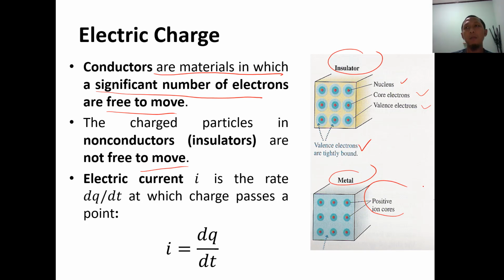If the electrons move from one side to another, we get the current, I. I is the rate of charge per dt, meaning the charge passing a point. So I, the current, is dq/dt: how much charge per unit time. We call it the current.